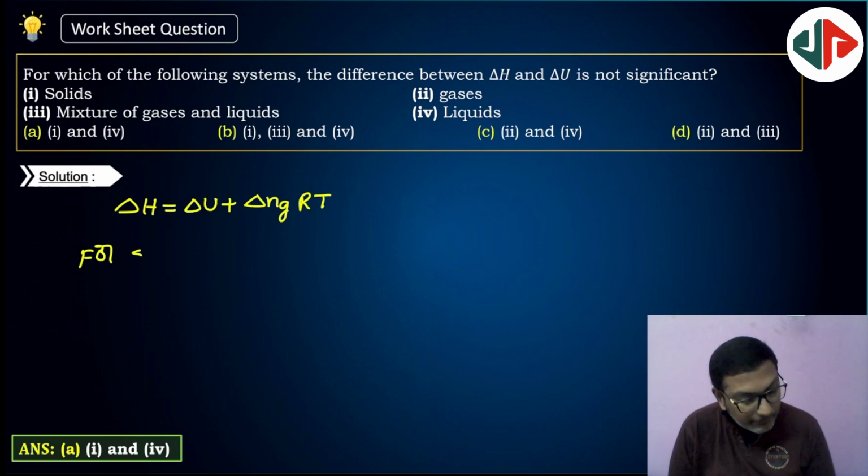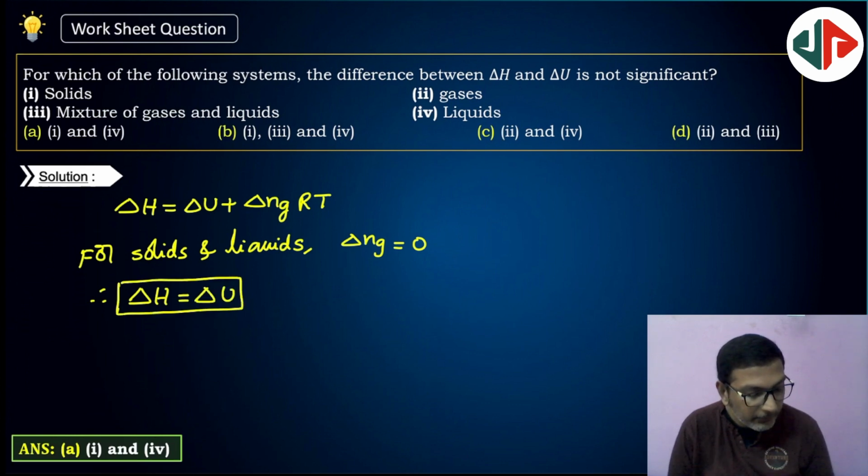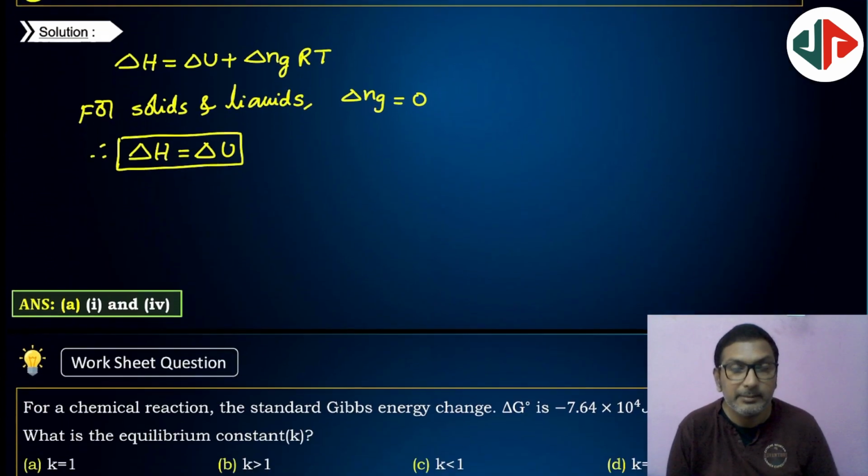For solids and liquids, delta Ng will be equal to 0. Therefore, for solids and liquids, delta H equals delta U. So for the first option, solids, and the fourth option, liquids, delta H equals delta U. Therefore, option A.